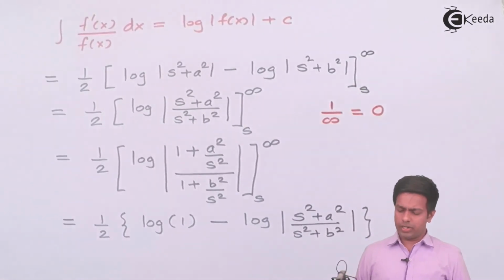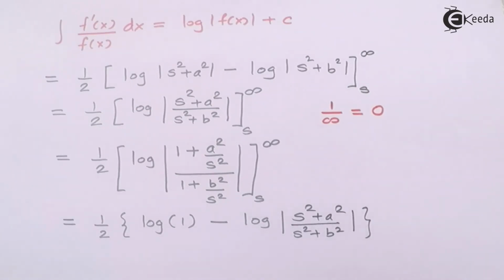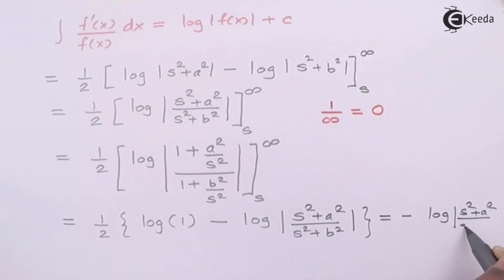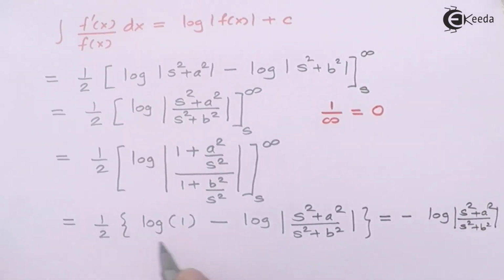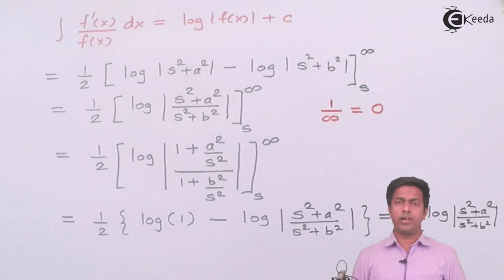Now guys, we all know that log of 1 is 0, so this will become 0 minus this. So negative log mod s square plus a square upon s square plus b square, and we have half also, so I'll keep half here itself. Now guys, this is the value of the given Laplace transform.